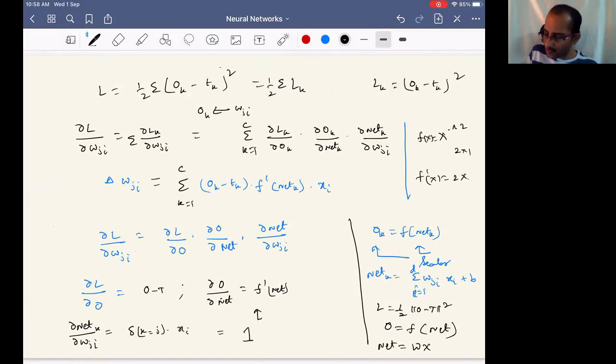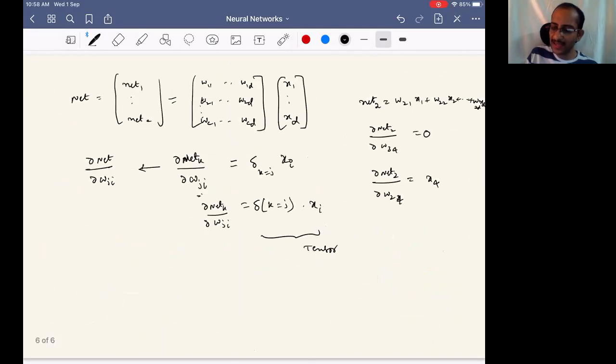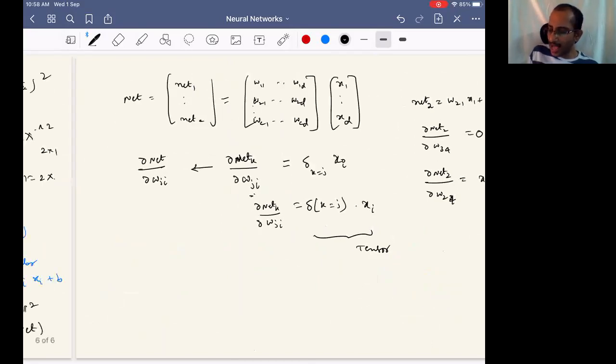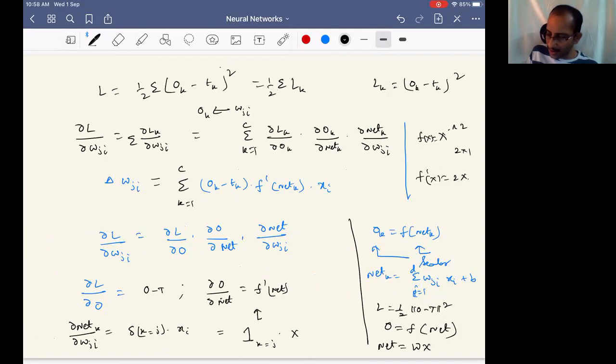I can also write in some sense 1_{k=j} times x, where x is like a vector. Finally, for a given k, if I fix k equal to 2 or something, I am supposed to get a matrix output. So if this is D cross 1 and this is C cross 1, then it should be 1 cross D. So for that I use transpose here.